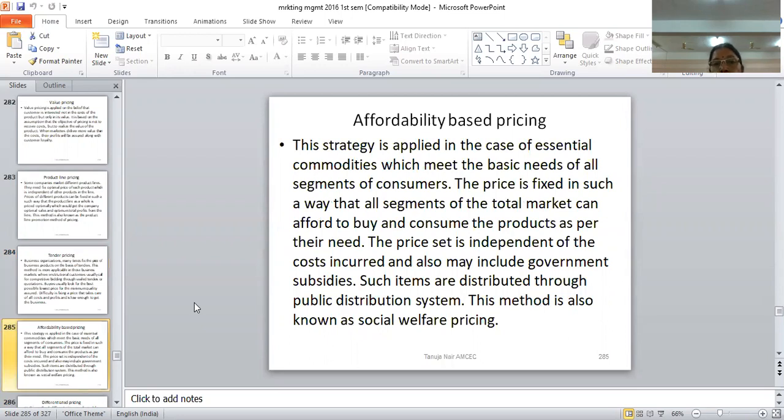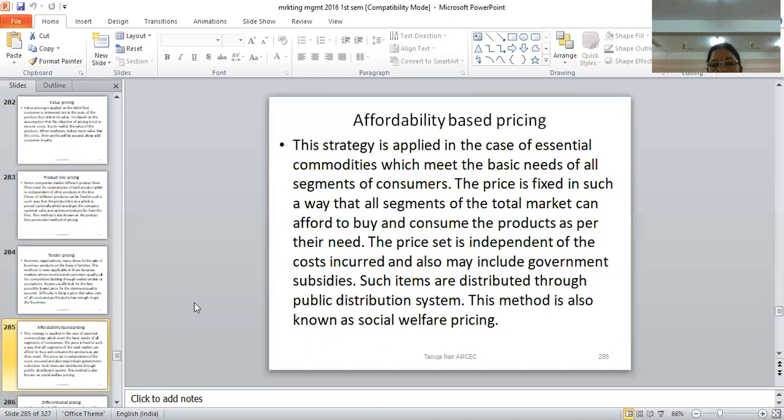Then affordability-based pricing. Affordability-based pricing is for all the segments of customers who want to purchase essential commodities, like rice, dal, oil, sugar, milk. Everybody needs them. It is the basic need of all customers.